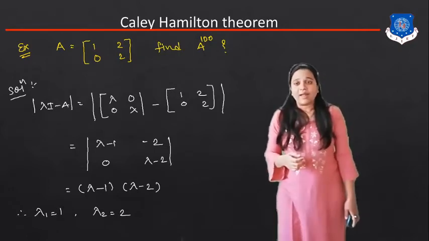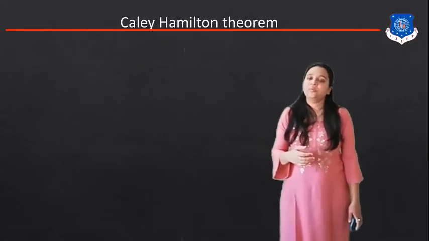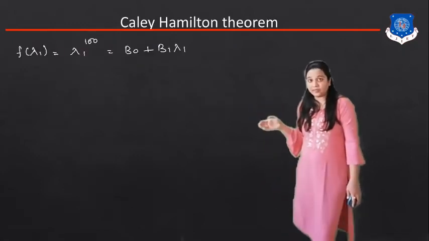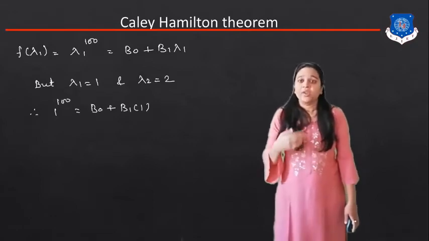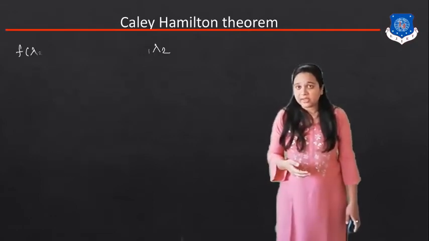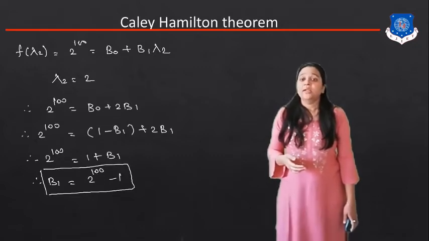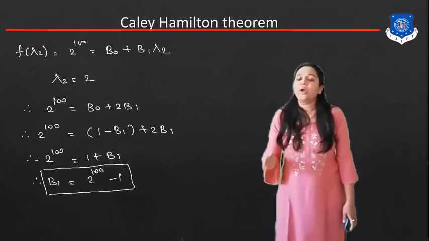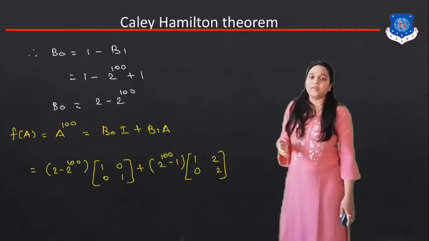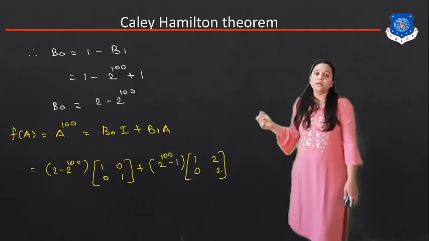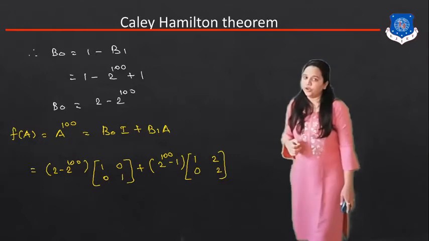Now put the values of lambda one by one in the equation, function of lambda, and then we have to find the value of b0 and b1 using simplification, and after that put the values of b0 and b1 in this function of A equation, and we can get the value of phi of k.